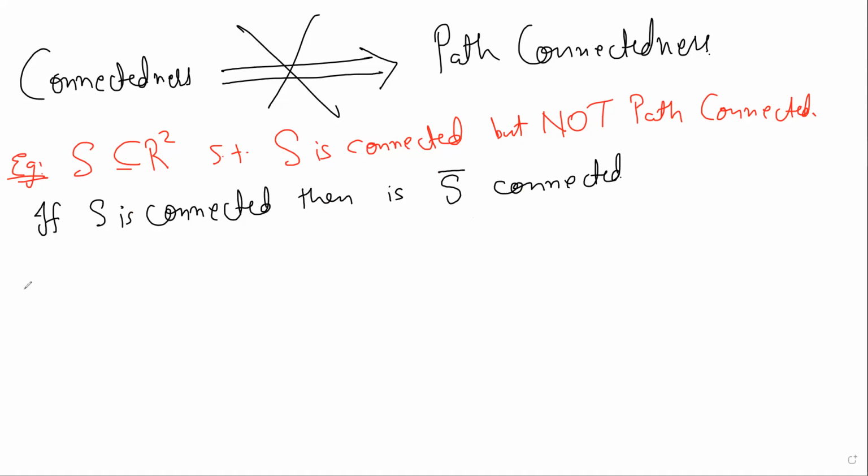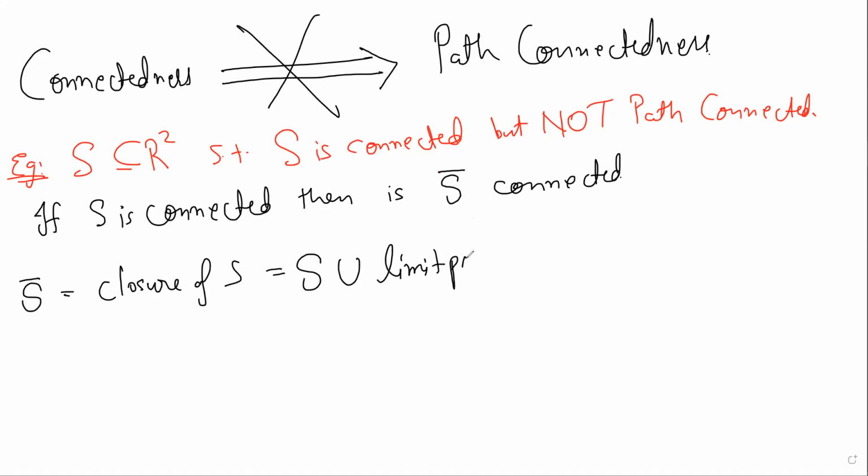Now, what does this mean? So this is called closure. You know it in the other way I've said, but not this way maybe. Closure of S: take S and take all the limit points of S. What do you mean by limit points here?